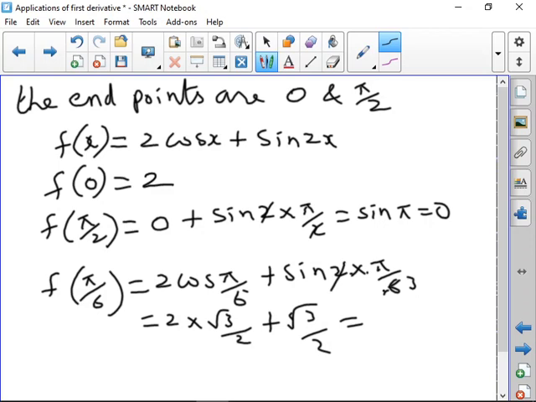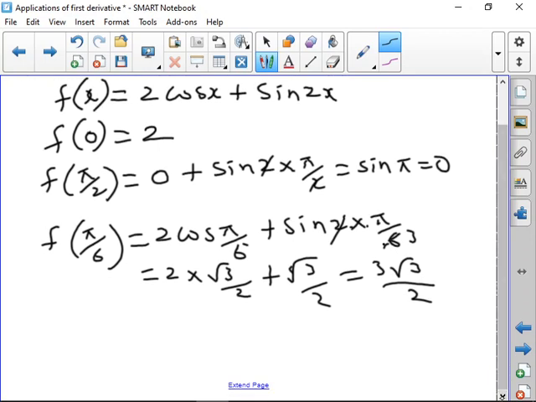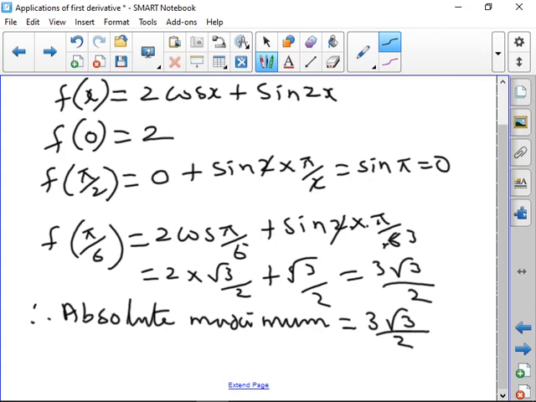So 2 root 3 plus root 3, what you will get? 3 root 3 by 2. Okay. So what is the absolute maximum here? Therefore, absolute maximum is equal to 3 root 3 by 2, and absolute minimum is equal to 0.